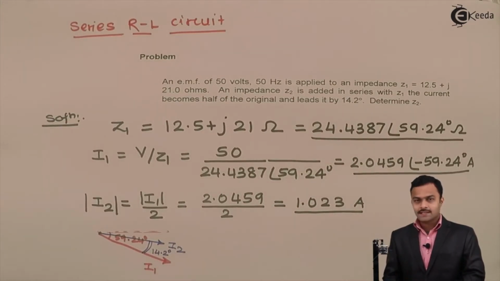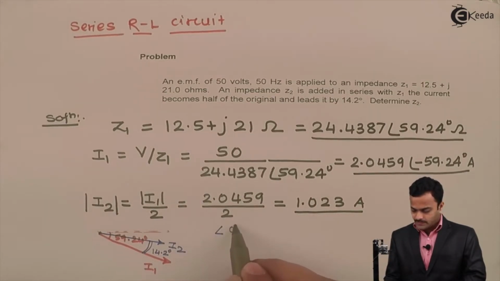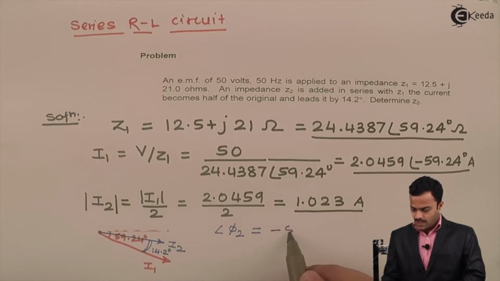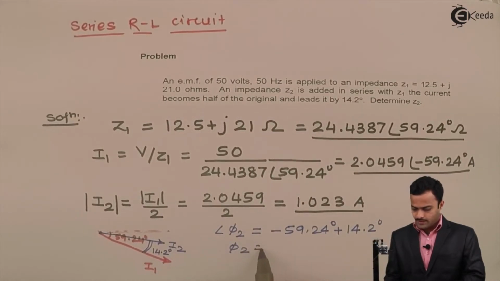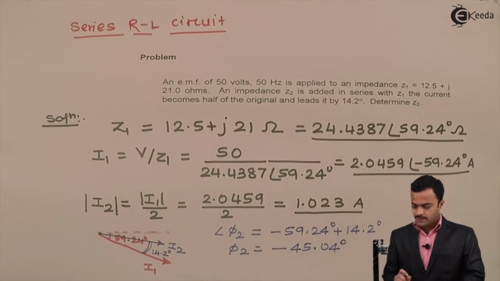So what is the logic? What is the angle of I2 with respect to reference? So angle of I2, which I will represent as phi 2, is nothing but minus 59.24 degree plus 14.2. So phi 2 angle I am getting as minus 45.04 degree.